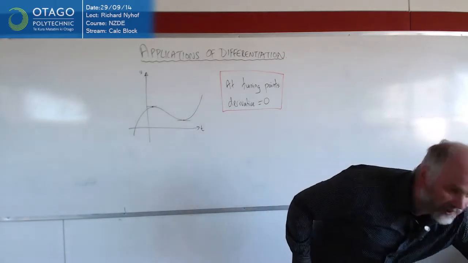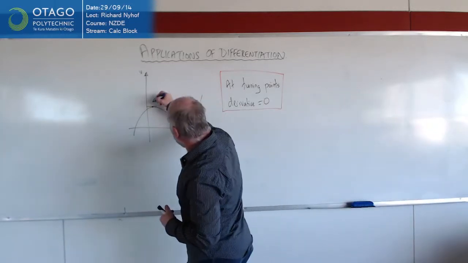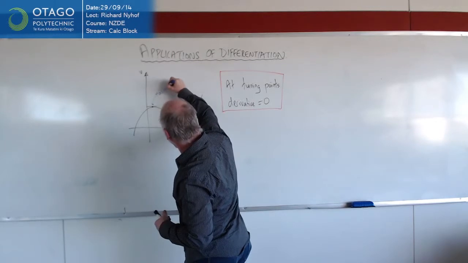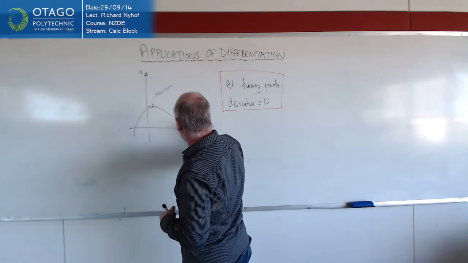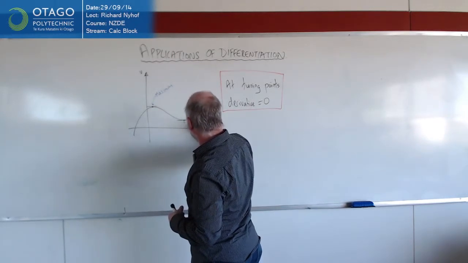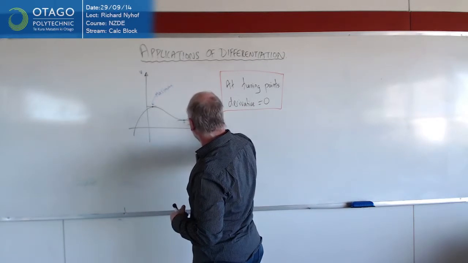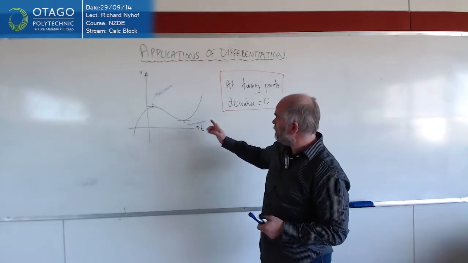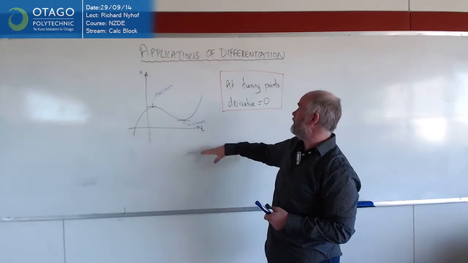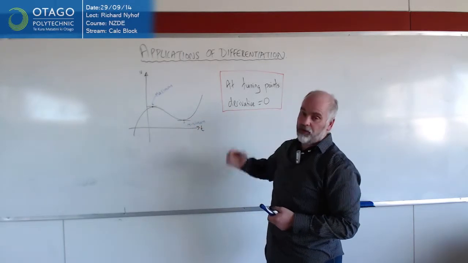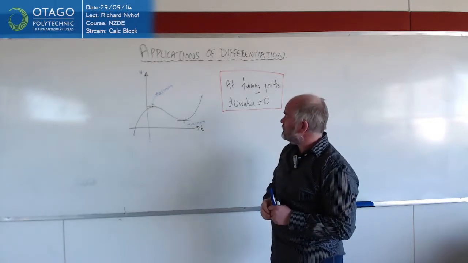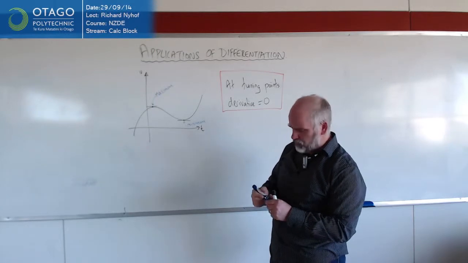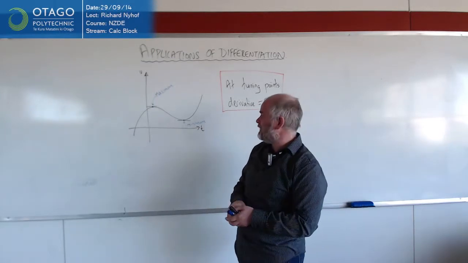In terms of maxima and minima, this point here is a maxima, or maximum, a local maximum, and this one is a local minimum. Spot them both right? Awesome. To find out where they are, you differentiate, make the derivative equal to 0, and solve it. I'll do an example shortly so you can see what's going on. There's also one other interesting point, which is where what's called the concavity changes.